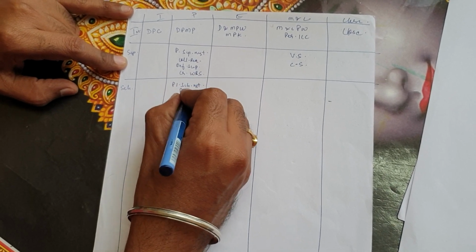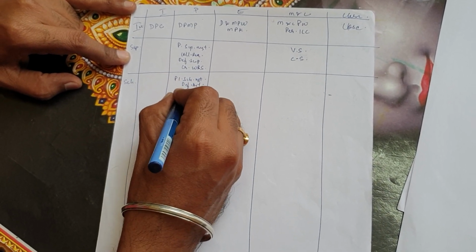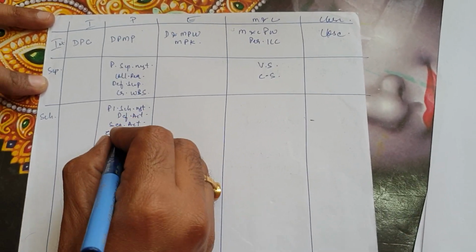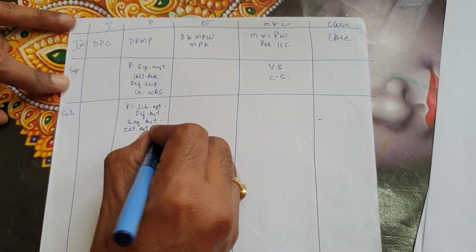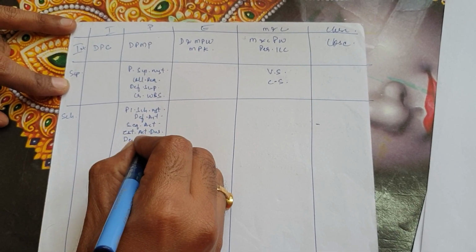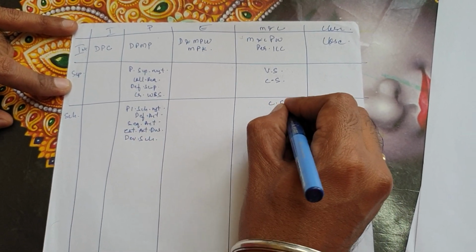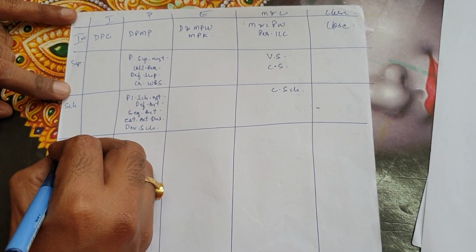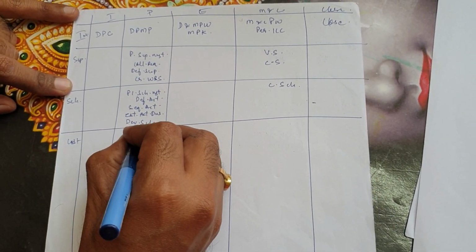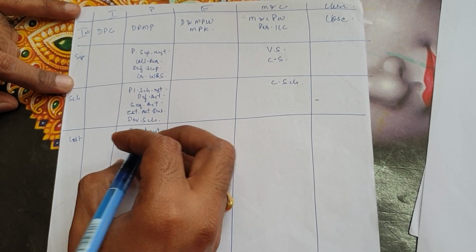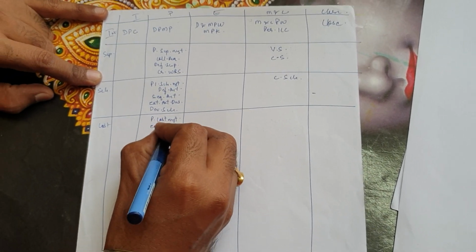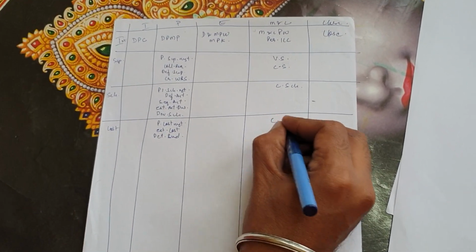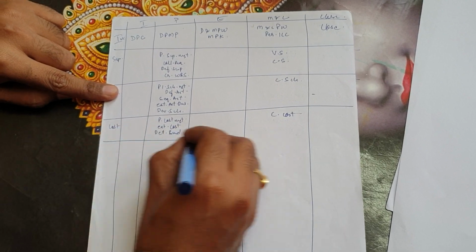Then you define activities, then you sequence activities, estimate activity durations, then you develop schedule, and then you control schedule. After schedule, you move to cost: plan cost management, estimate costs, determine budget, and then control costs.